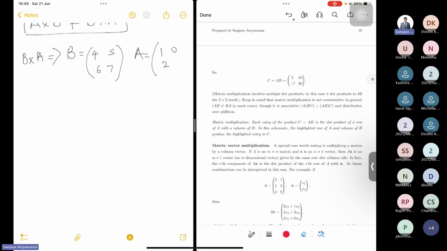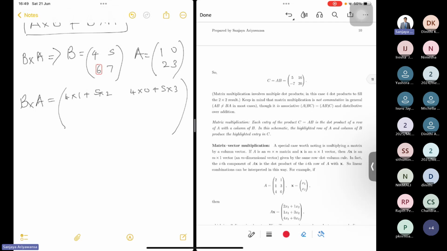So we are asked to calculate B multiplied by A. I'm going to write it down directly. First row, first column: 4 times 1 plus 5 times 2. Second component is first row, second column: 4 times 0 plus 5 times 3.